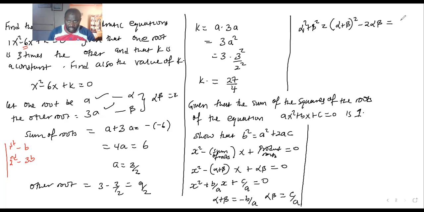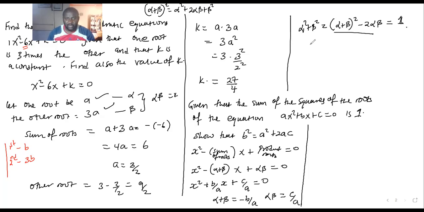Recall, if you have alpha plus beta squared and you want to expand it, it is alpha squared plus 2 alpha beta plus beta squared. When you take alpha squared plus beta squared, that is the sum of the squares of the roots. It becomes alpha plus beta squared minus 2 alpha beta. But that whole sum is equal to 1.